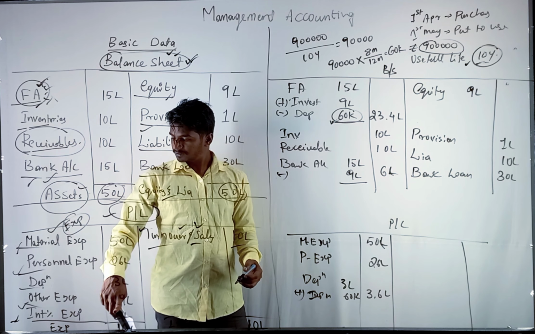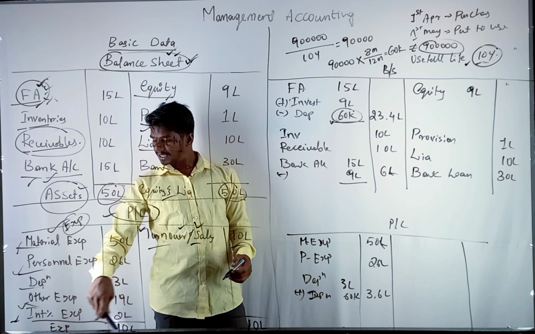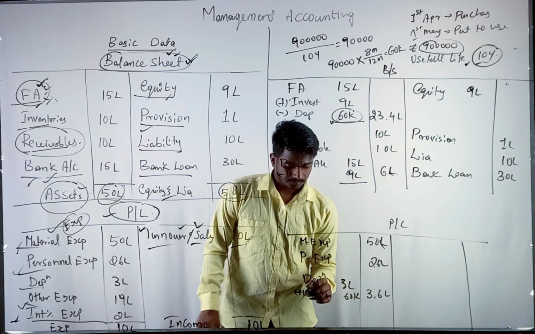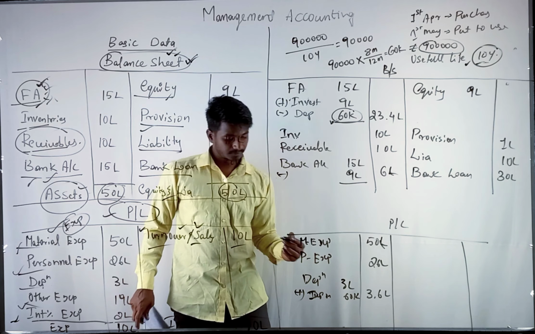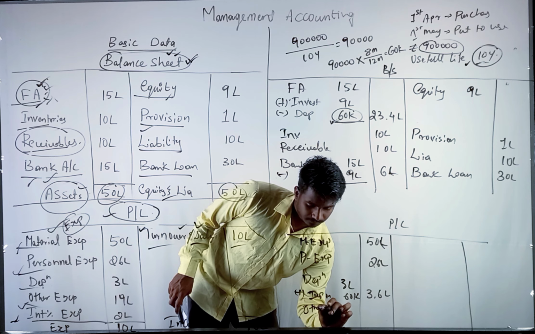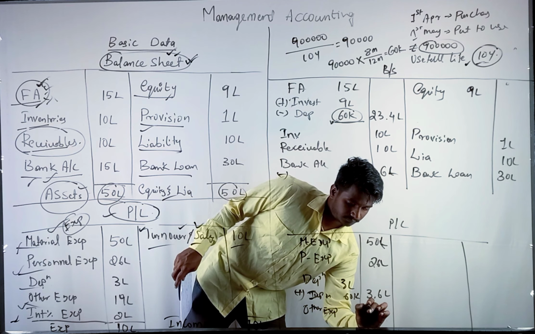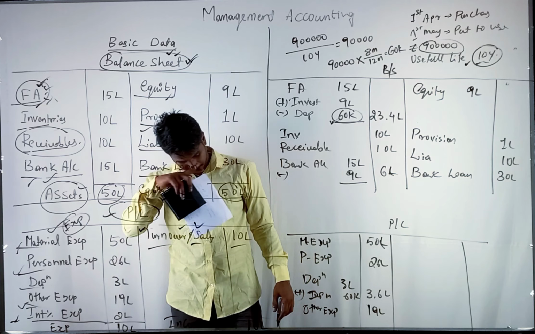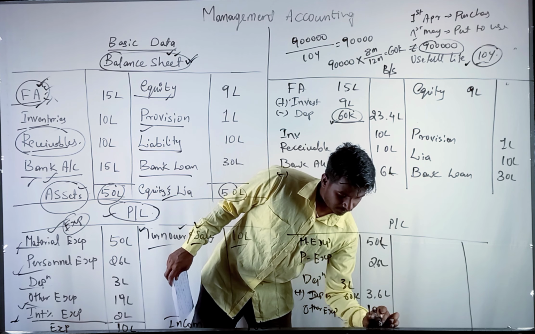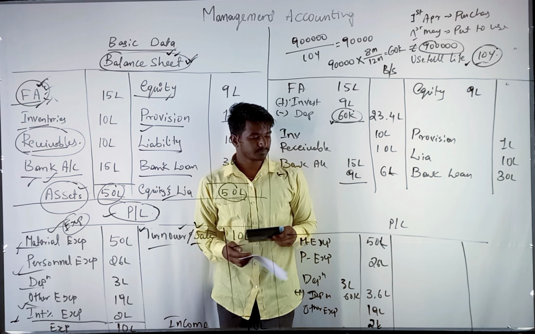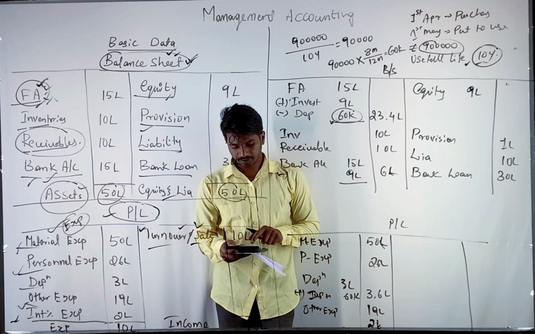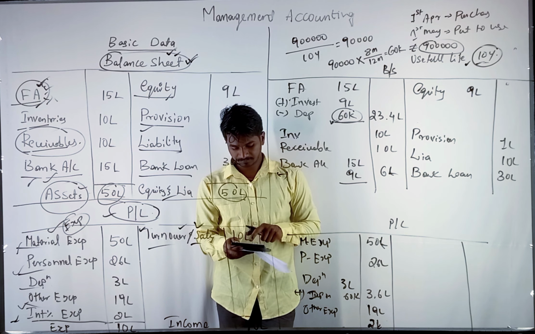Other expenses, sorry, 19 lakh. Then interest expenses 2 lakh. Total how much does it become? 50 lakh plus 26 lakhs, 3 lakh 60,000, and one more 19 lakh and 2 lakh.